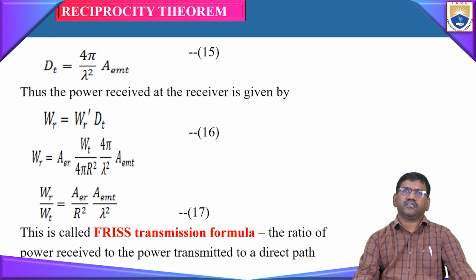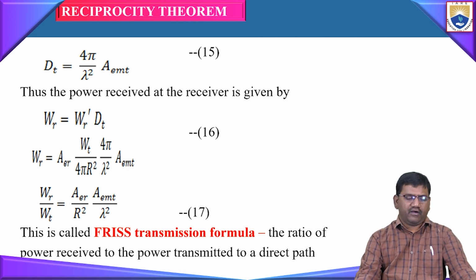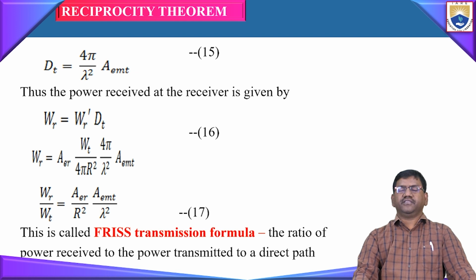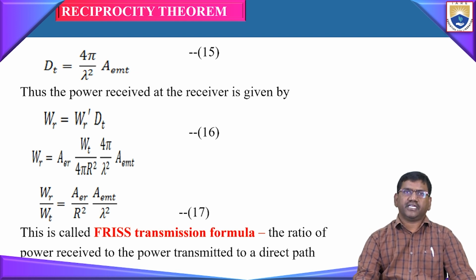From the applications point of view of the reciprocity theorem, there is a relationship between the power received and the power transmitted, which depends upon the effective apertures of the transmitting antenna and the receiving antenna. It is known as the Friis transmission formula.